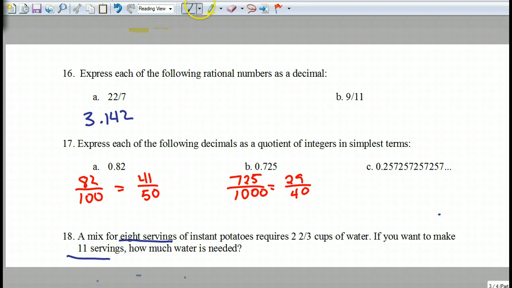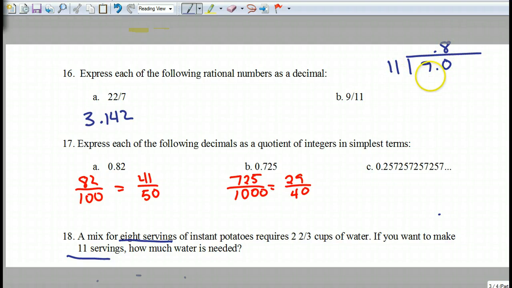Do the same thing for the 9. I should have left that up there. I'm sorry, you guys. Oops. Did I set that up right? No. This is a common error. So what we're actually doing is we're dividing 9 by 11. So 11 does not go into 9, but it goes into 90. How many times does 11 go into 90? 8.